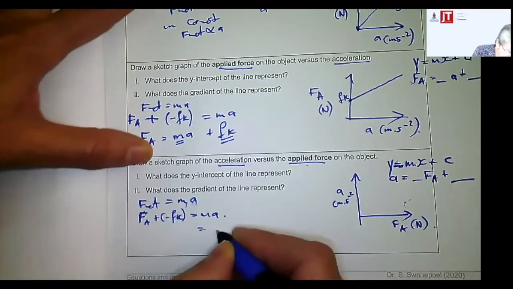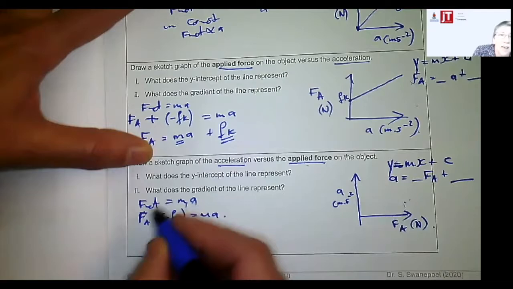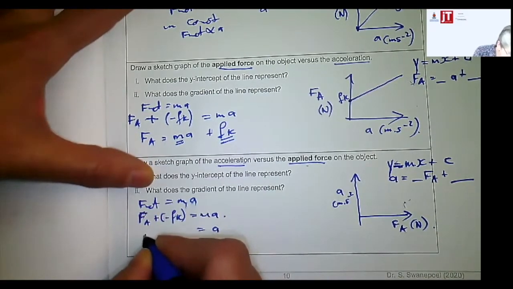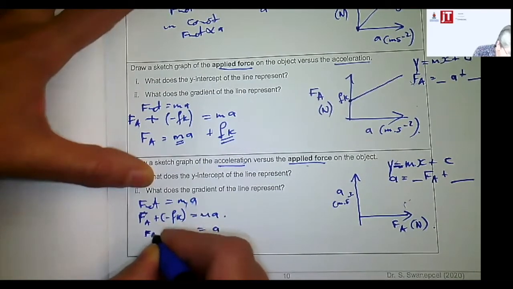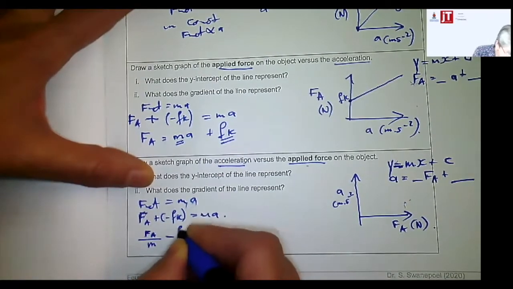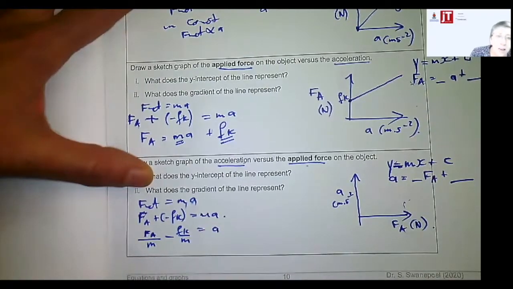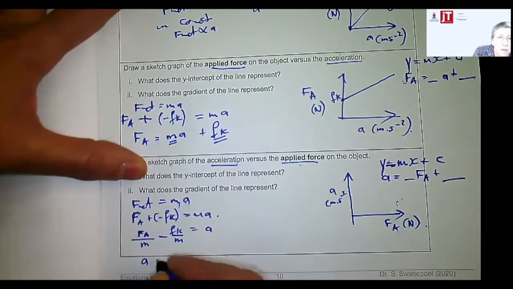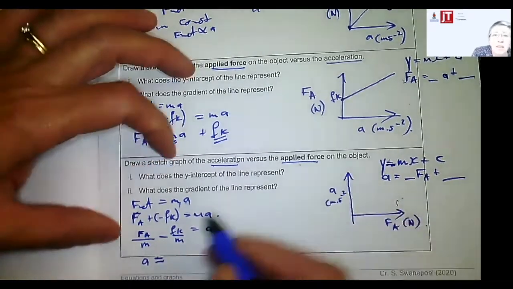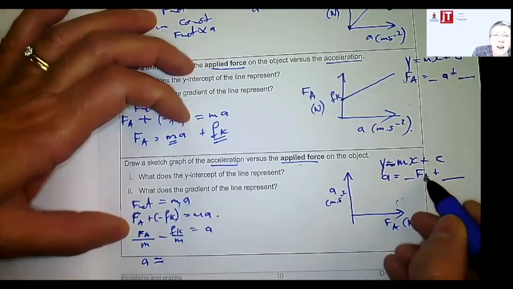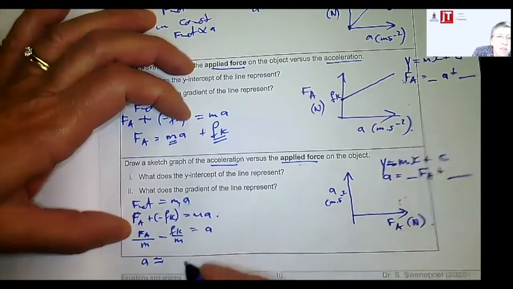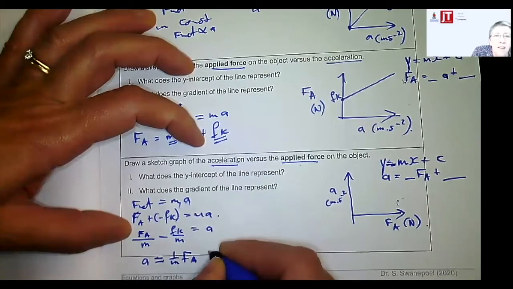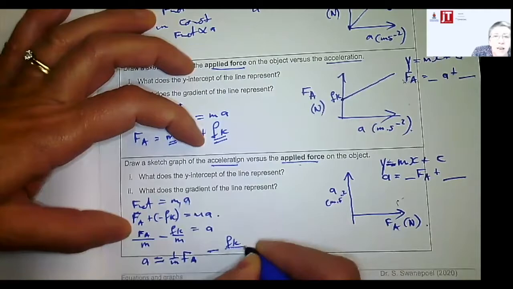So I need a on its own, right? It means I have to divide the other side by m. So this will be Fa over m, and that will be Fk over m, right? Okay, but I have to rewrite with a in front, so let's write with a in front. A equals, right, take it over to the other side. What do I need there? Fa on its own, something in front, so this will become 1 over m times Fa, and then minus Fk over m.